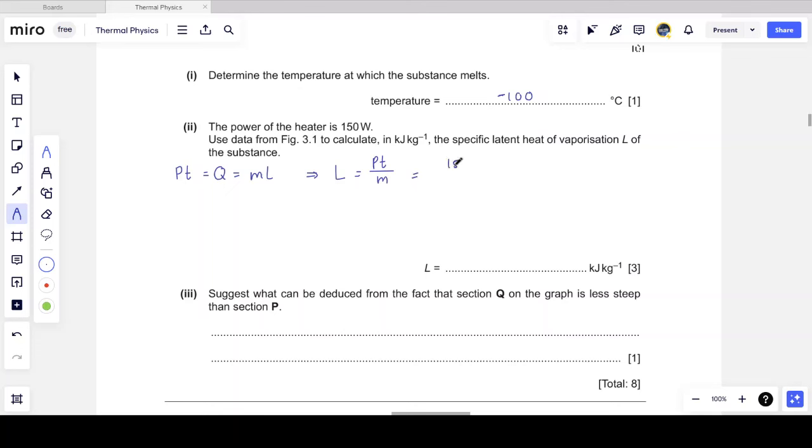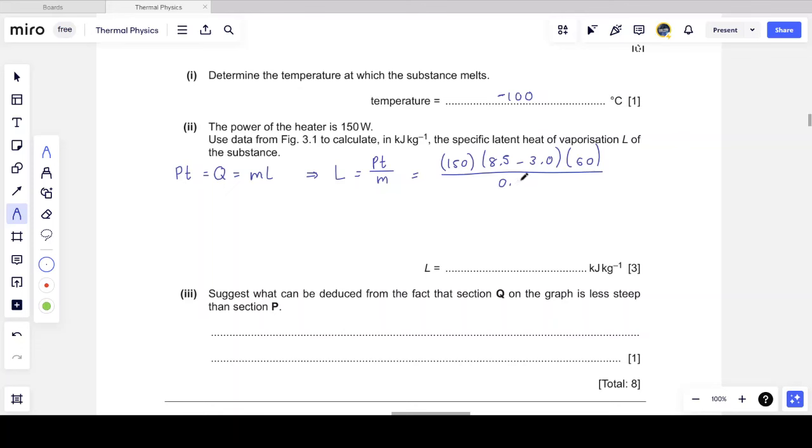And this is a power of 150 watts times a time of 8.5 minutes. Again, you could do this in your head, but I always suggest not to, in case you make a simple mathematical error that you shouldn't make. So 8.5 minutes minus 3 minutes, and guess what? We're going to multiply that by 60. Again, you could do this in your head, but rather be safe than sorry.